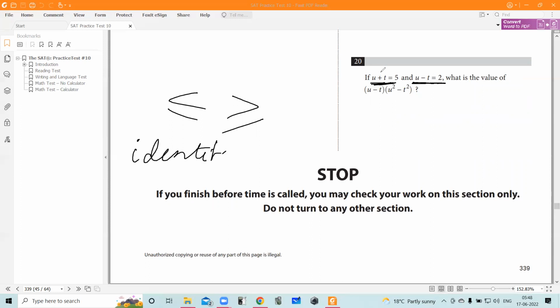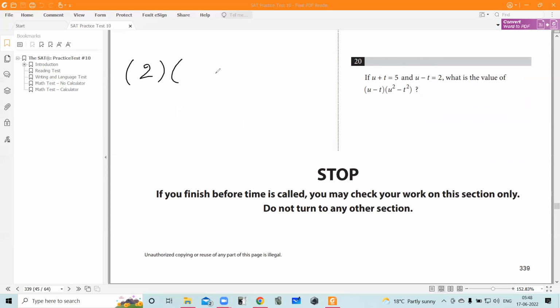So what is that identity which we can use here? Well, in the first parentheses, you can just put 2 because they're telling you u minus t is 2. Exactly. And what about u squared minus t squared?